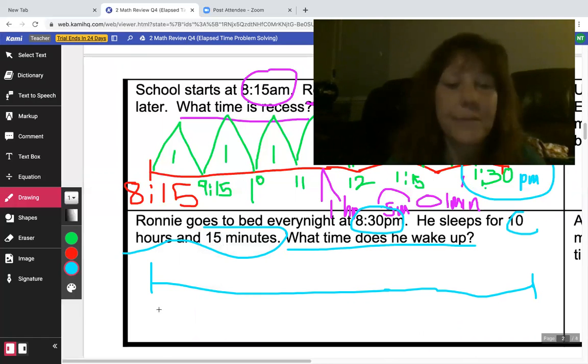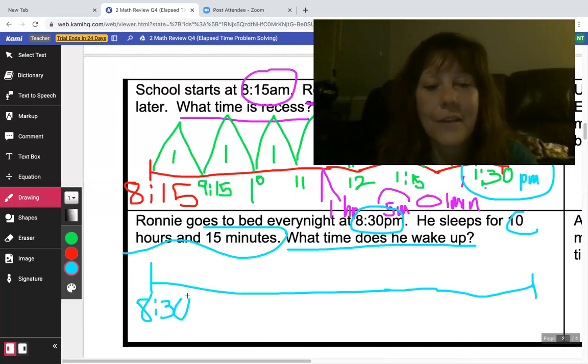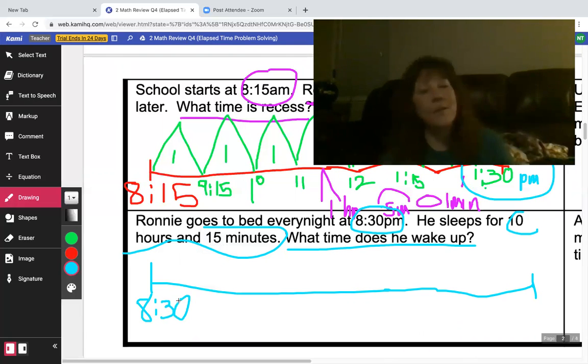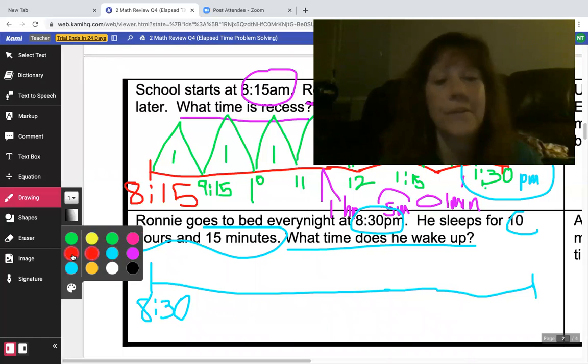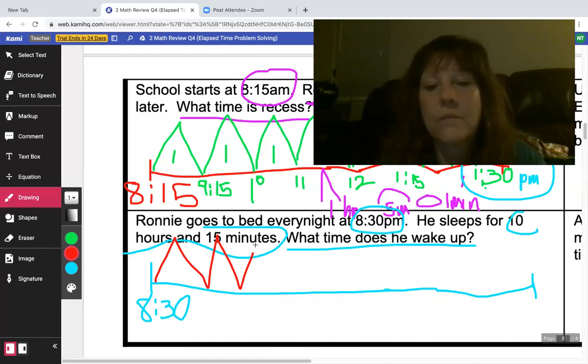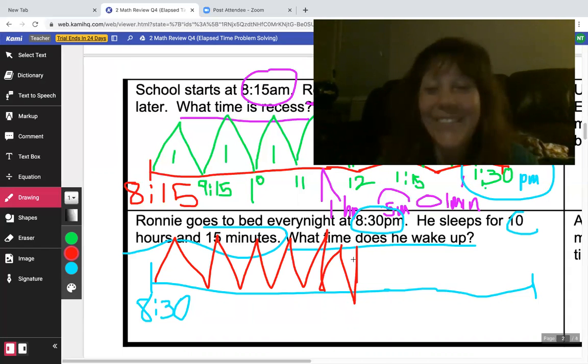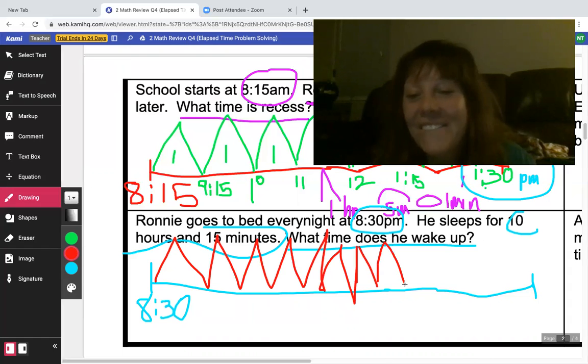All right, so he goes to bed at 8:30. I think it's past 8:30 for me already. Okay, and he sleeps for 10 hours and 15 minutes. So we're going to add 10 mountains. 1, 2, 3, 4, 5, 6, 7, 8, 9, 10, right?